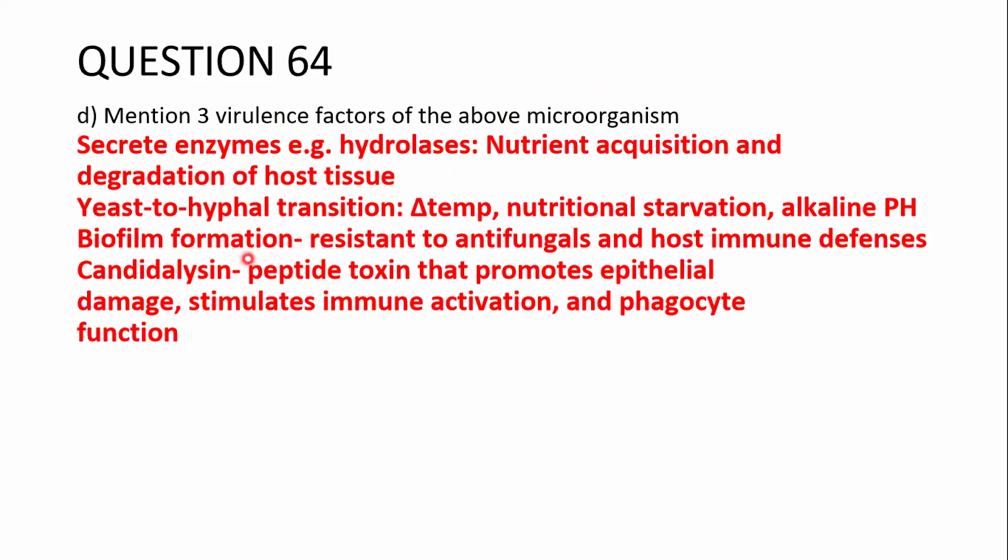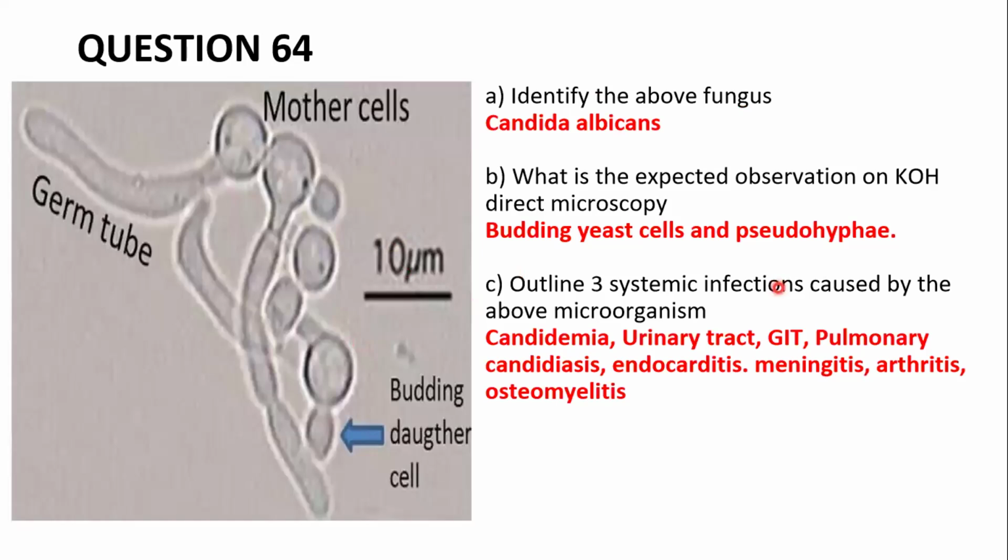Candidalysin, lysin means to break down, is a peptide toxin that promotes epithelial damage and stimulates immune activation and phagocyte function. Okay, so the germ tube is used for diagnosis of Candida albicans, usually at 37 degrees Celsius. Okay, hope that's clear.